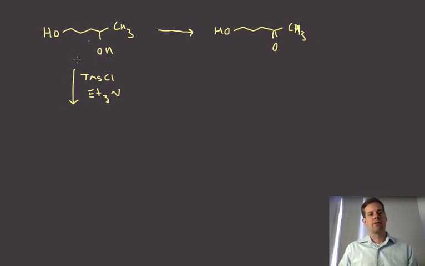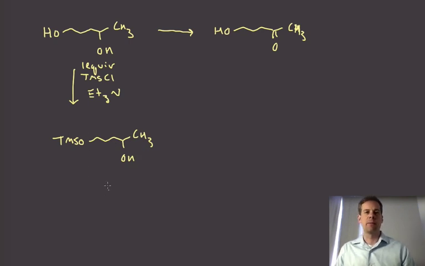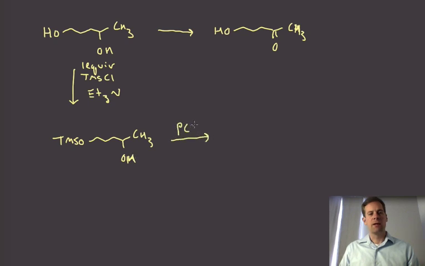So what that means is that if we treat this with 1 equivalent of TMS chloride and triethylamine, we can expect a pretty darn good selectivity for silylation of the primary alcohol over the secondary. So that now protects that primary alcohol, leaving the other one free to now do our PCC reaction.